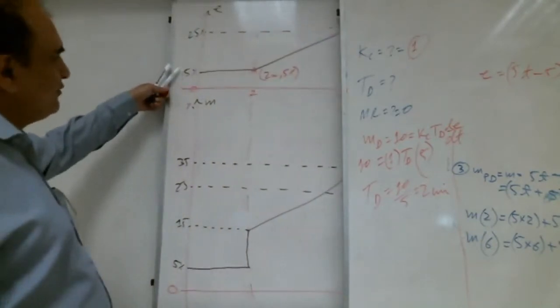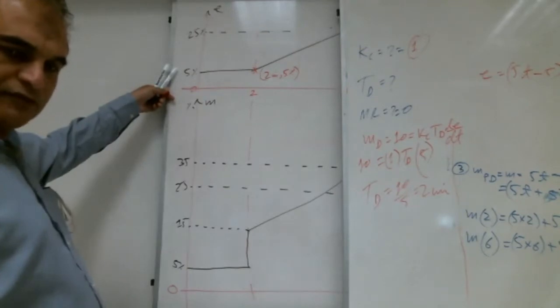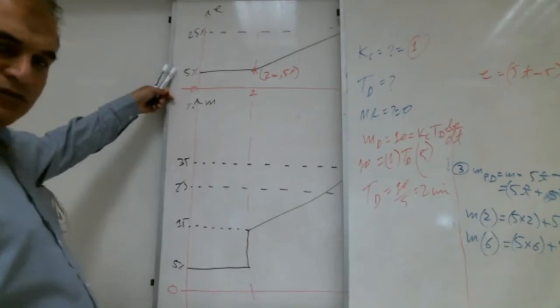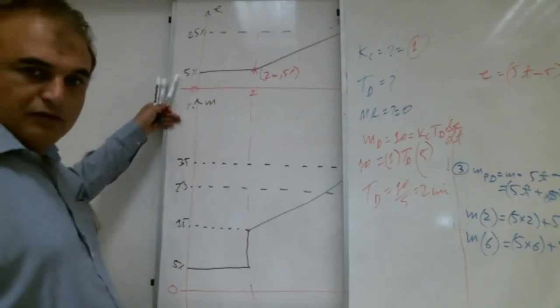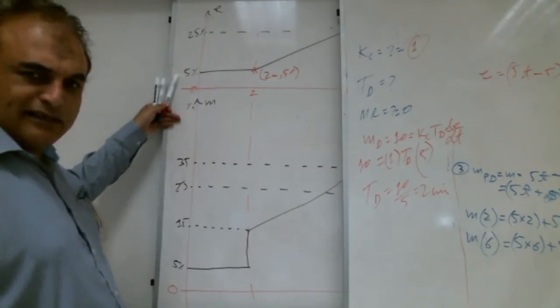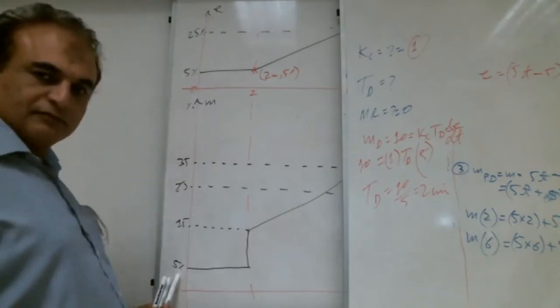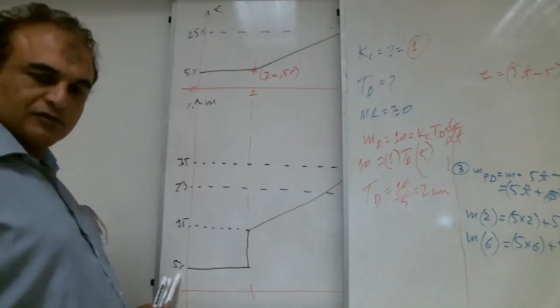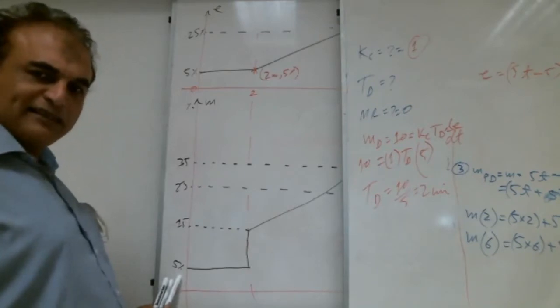What is error here? From 0 to 2, what is error? 5%. What is output from 0 to 2? 5%.